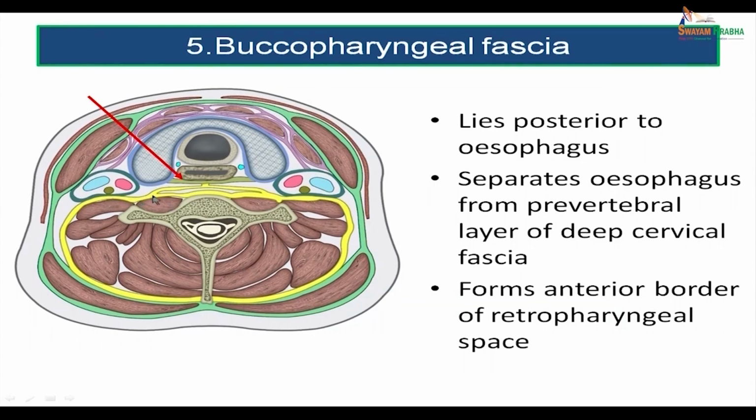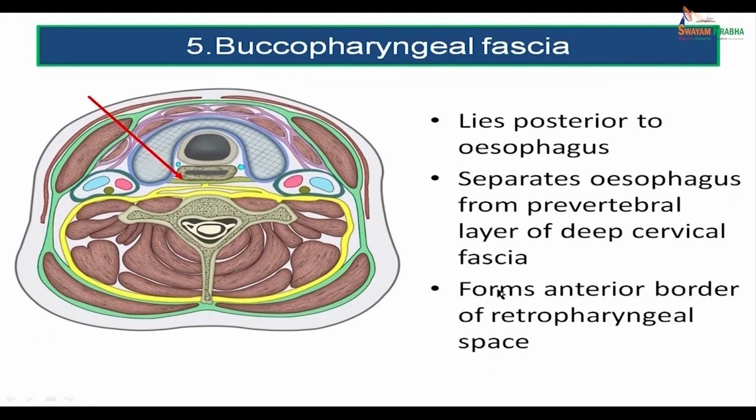Anterior to the prevertebral muscles, we can see the prevertebral fascia. Just behind the esophagus, we can see this layer passing horizontally, that is the buccopharyngeal fascia. It separates the esophagus from the prevertebral fascia.